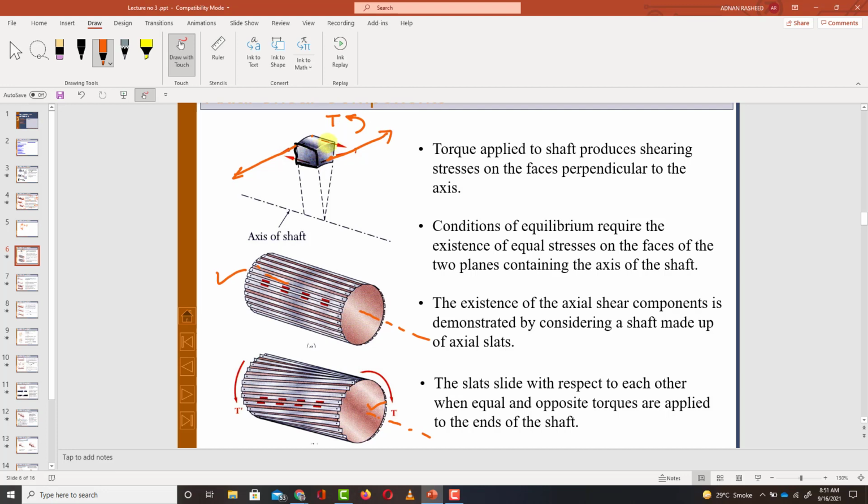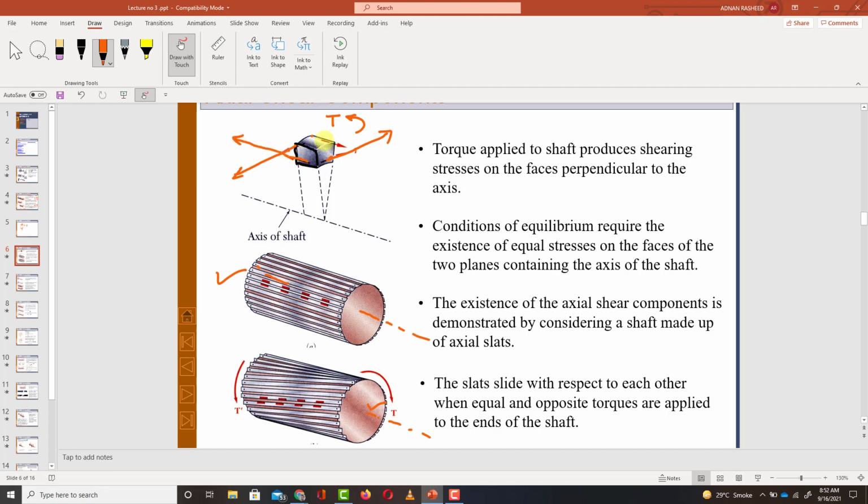For this piece of the shaft to be in balance, an opposing torque or couple must also be applied in order to keep this piece of the shaft in equilibrium. So we say that faces which are parallel to the axis of the shaft under torsion will also experience shear stress, and it will be like this.